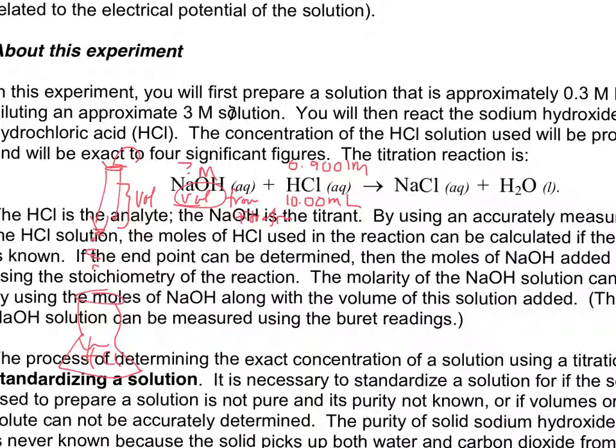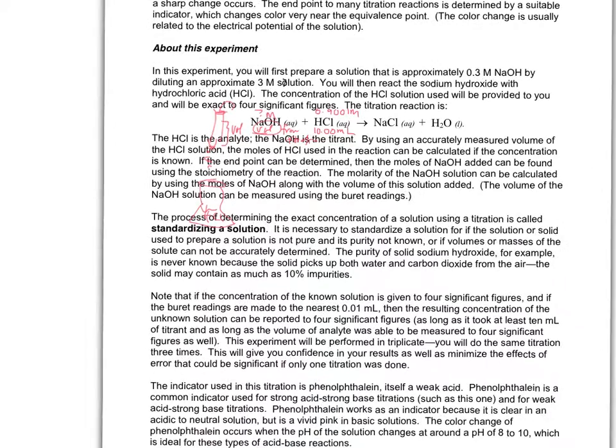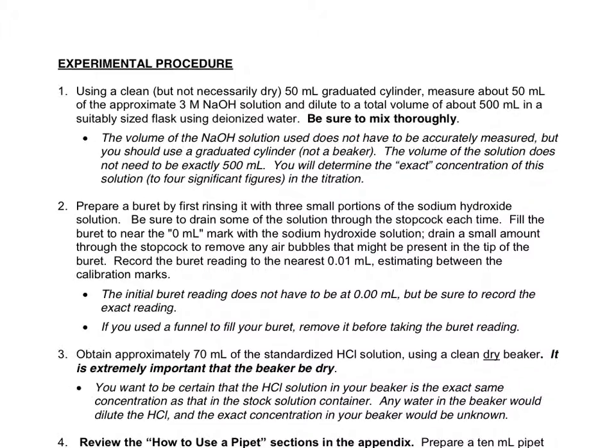So looking at the details of today, you need to make your own sodium hydroxide solution. What I have here, going from left to right, is the stuff that you'll need for your sodium hydroxide solution. You're going to make it kind of crude, because then you're going to come up with its molarity to 4 sig figs.